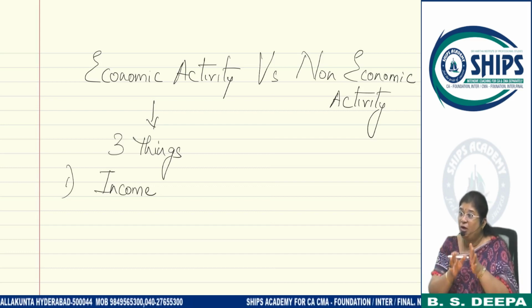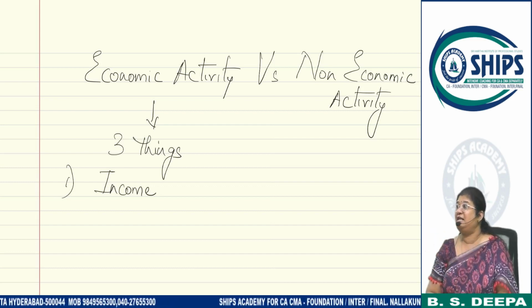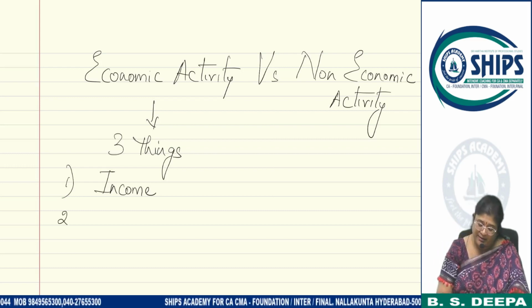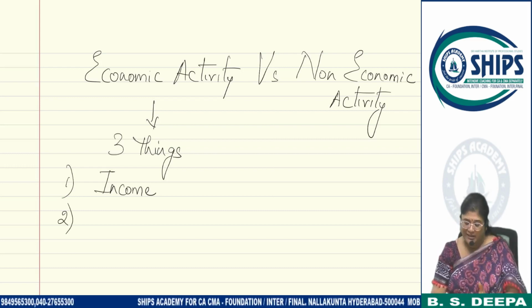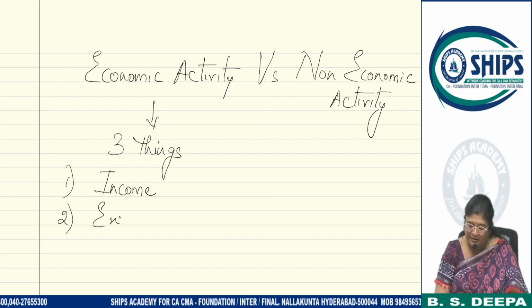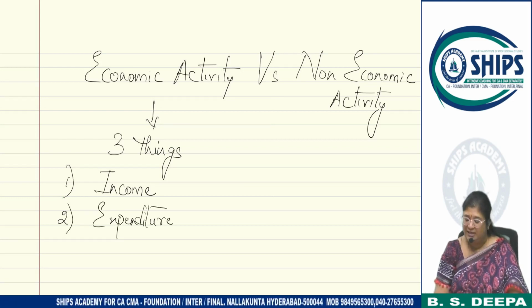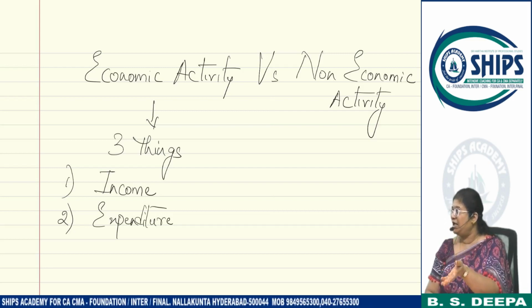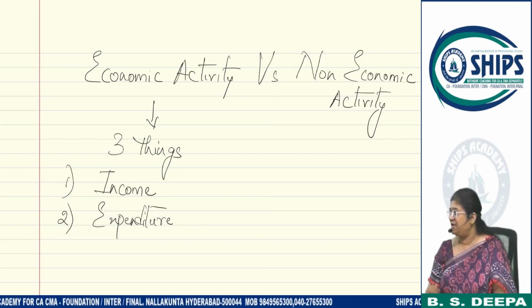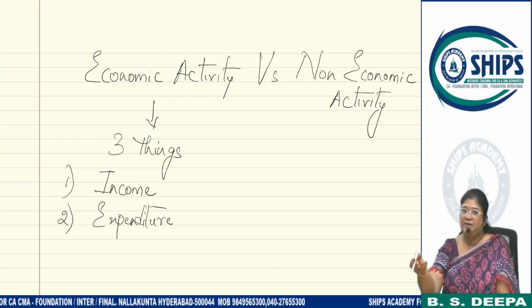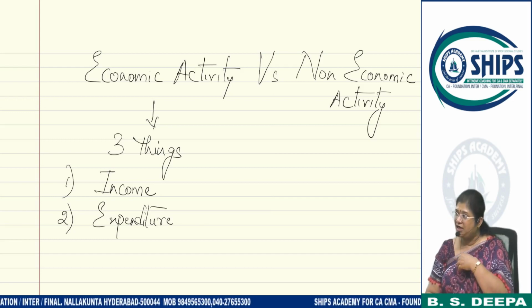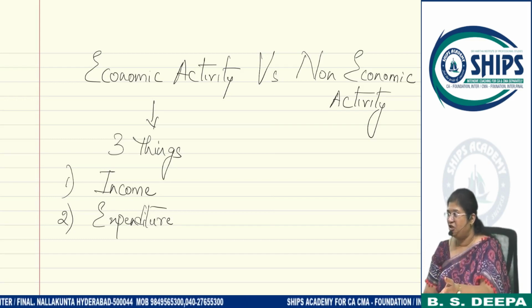But if that alone is generated, that is not the end of economic activity. Income should be matched by expenditure. If I am spending money to buy a biscuit packet, only then the shopkeeper earns his income, isn't it? So whatever I spent is my expenditure.